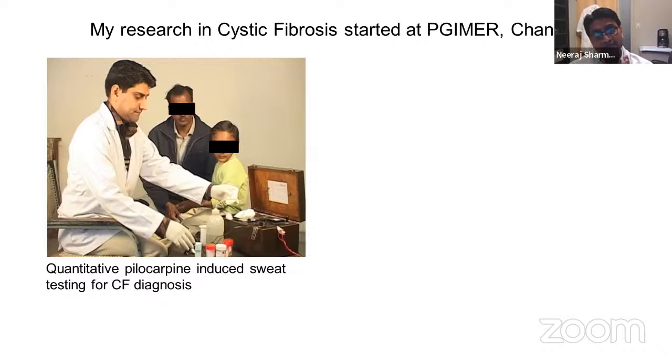Individuals suspected to have signs and symptoms of cystic fibrosis were sent to the Department of Biochemistry by Dr. Meenu and her colleagues in the Department of Pediatrics. We would measure sweat chloride in these individuals. And since sweat chloride is a diagnostic marker for CF, we would prioritize those patients who had elevated sweat chloride and perform CFTR sequencing on those individuals.